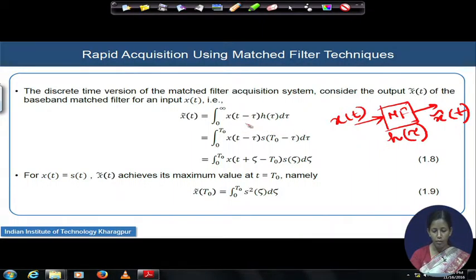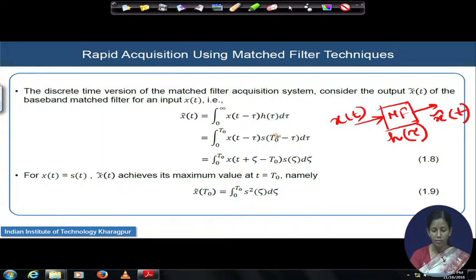Now we are not really interested in the whole integration interval from 0 to infinite time, because our signal has a duration of t0. So we will be integrating it from 0 to t0, and so x(t − τ) and this h(τ), we understand that it is matched with the signal x(t0 − τ) from equation 1.1, and by substituting that we get here.